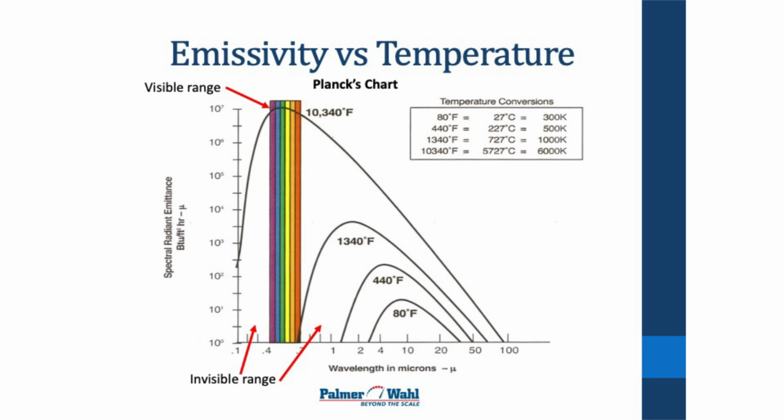This is a chart called Planck's chart. As you see, as the temperature goes up, the wavelengths get shorter and shorter, as shown below at the bottom of the chart. The very highest temperature across the top of this is the temperature of the surface of the sun.